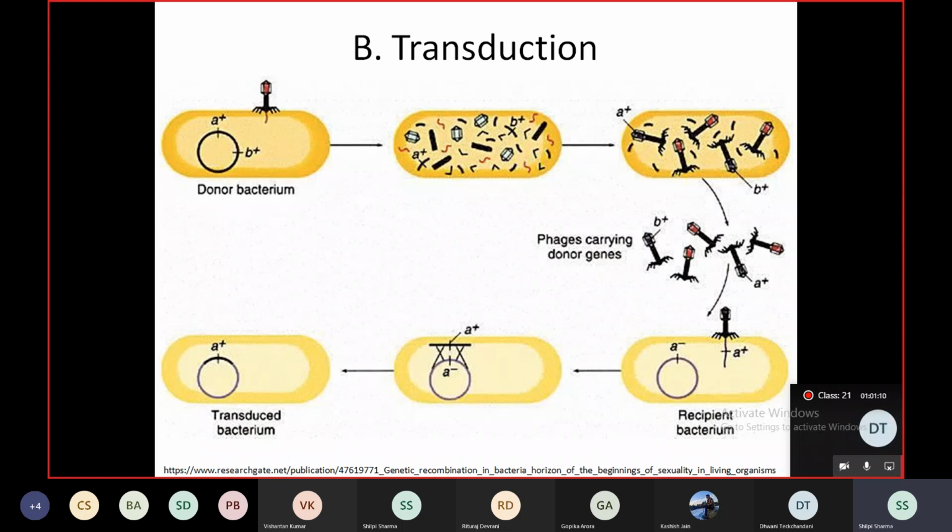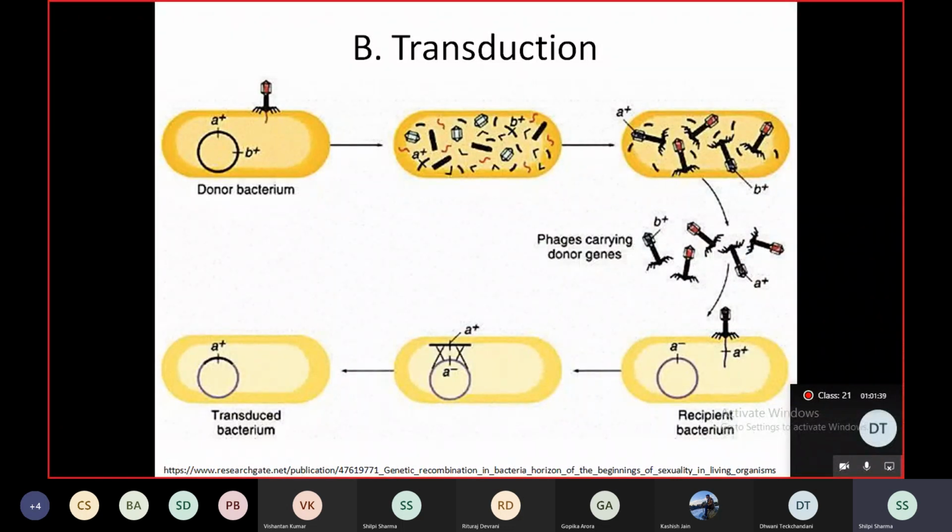I don't think I have time for conjugation. So, the second mechanism is transduction, and this, as you know, is virus mediated. Due to the high specificity of the phages for cell surface receptors, this particular mechanism has the narrowest host range of DNA transfer among the methods of bacterial genetic exchange, the three methods that we are covering.